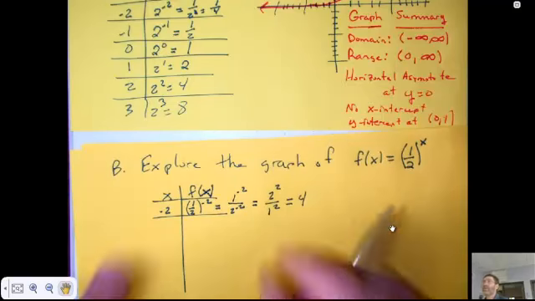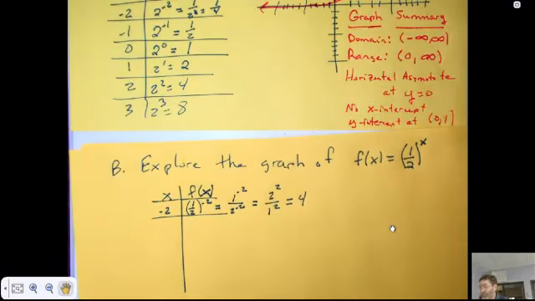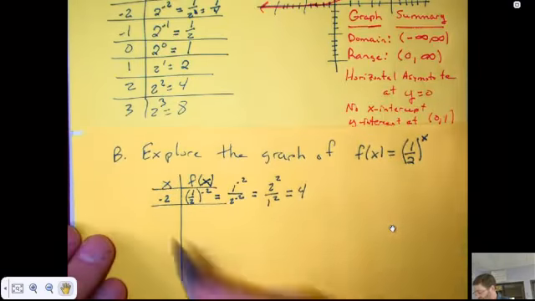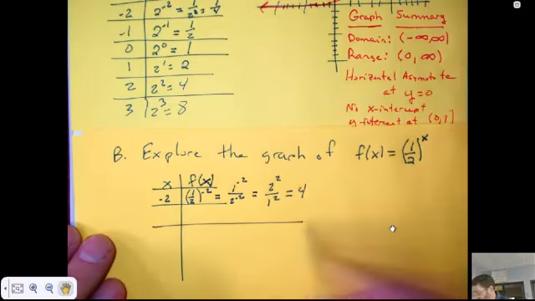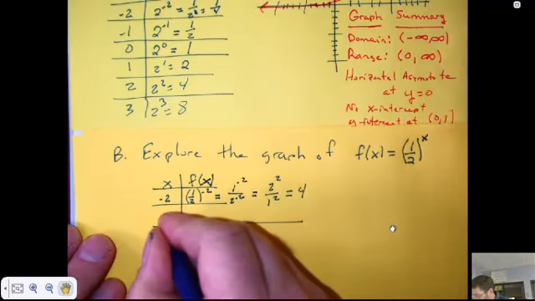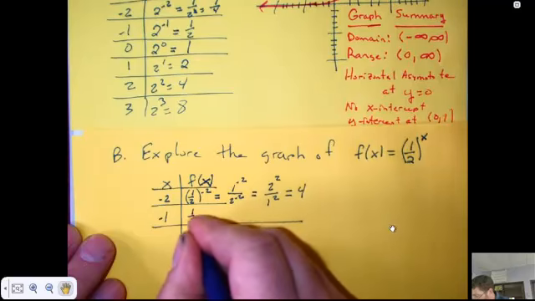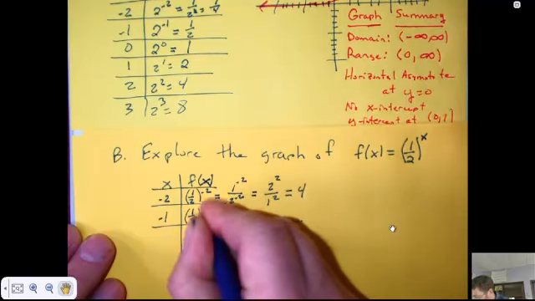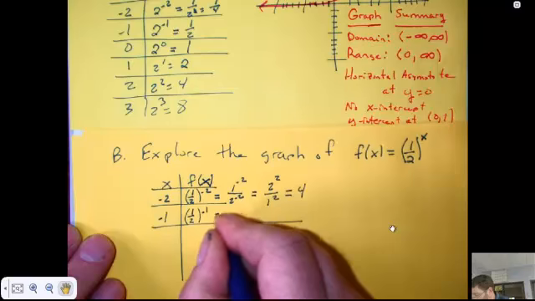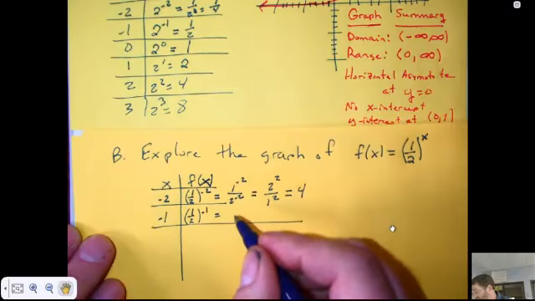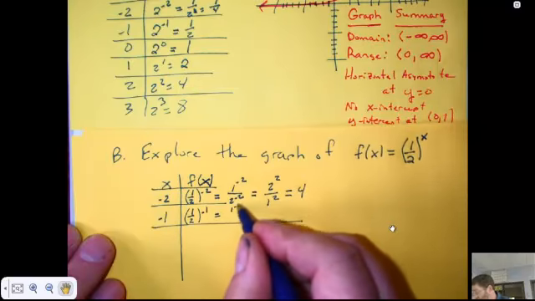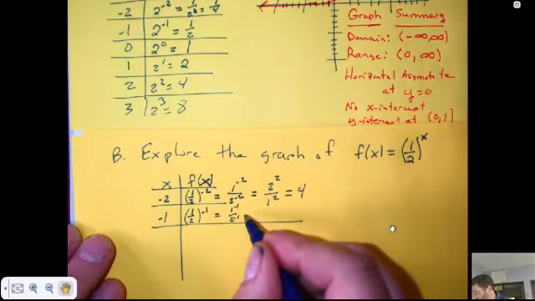Because as we moved to the left last time, it dropped way down. So negative 1 would be a half to the negative 1 power. Again, same thing: 1 to negative 1 over 2 to negative 1.